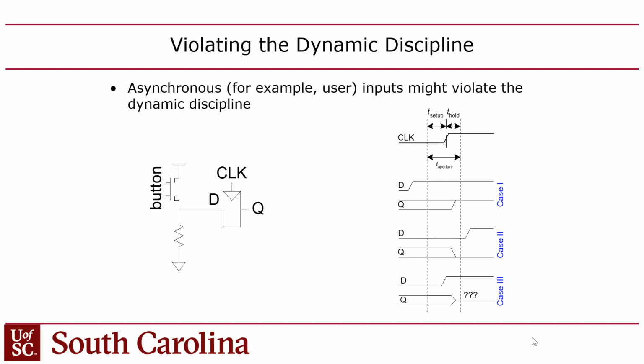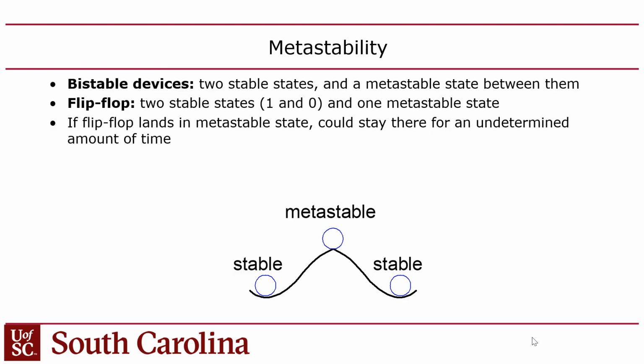But it can't predict when that packet's going to arrive. So you may have the packet arrive inside the aperture for the register, and there's really not a lot you can do about that. Anytime you have an I/O pin, you risk metastability.